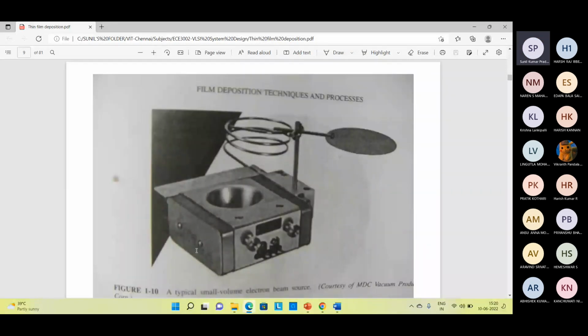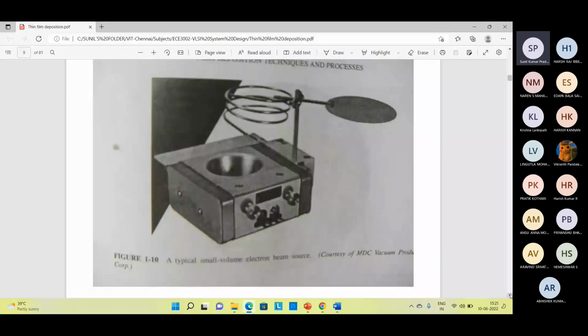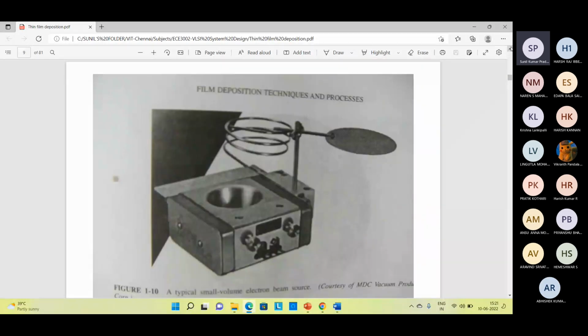Now this is actually a very nice example, or you can say the image, where you can see how the film deposition process works. This is a typical small volume electron beam source, and if you can see here, the electron beam is generated, and whatever the source material is there, it evaporates with the use of electron beam energy and finally deposits on the substrate.